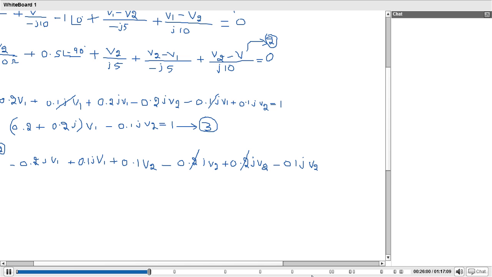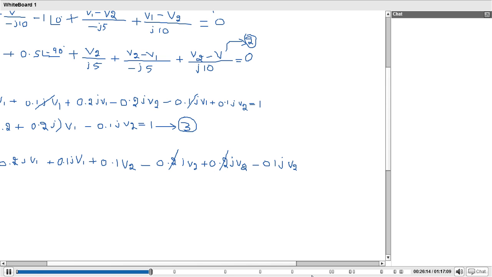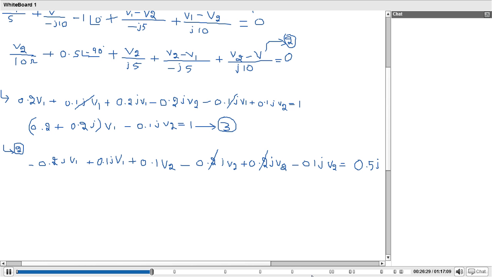So 0.5 at an angle of minus 90 is nothing but, it consists of only imaginary, not real. So that is nothing but minus 0.5 j only. So if you write it on the right side, it becomes plus 0.5 j. If you have doubt, 0.5 into cos of minus 90 plus j sin of minus 90, you can do it.